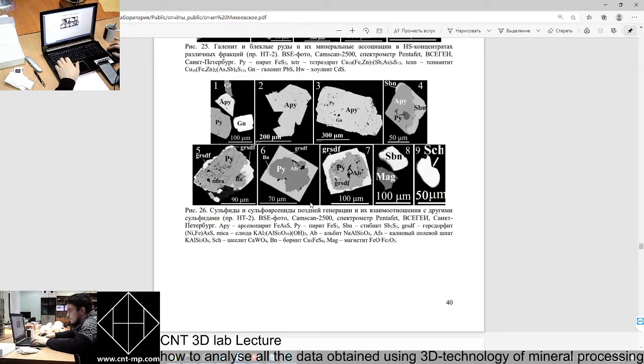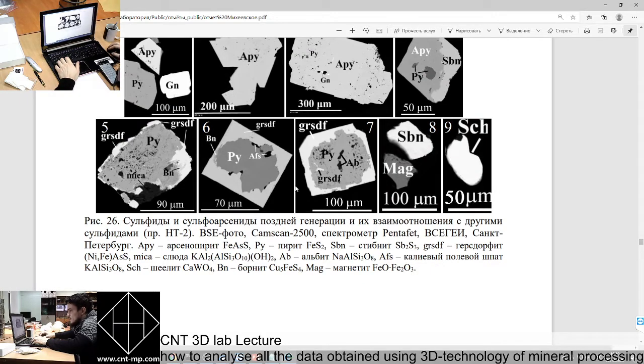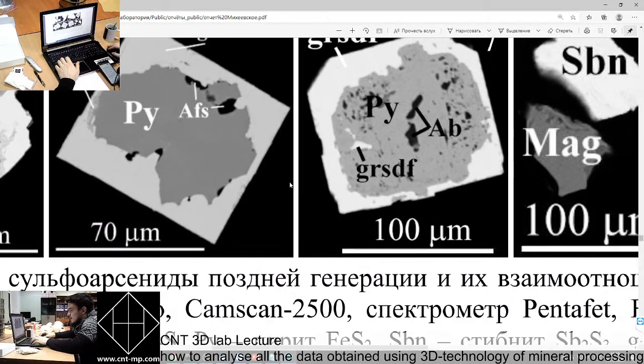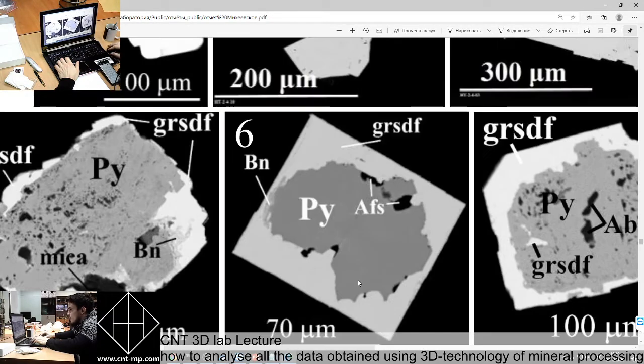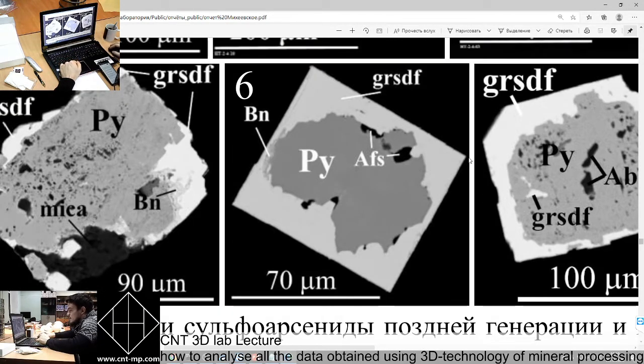So there are a lot of beautiful grains. I'm really keen on this, when I'm thinking that this ideal square or ideal cubic grain was made by nature, not by human, you know.